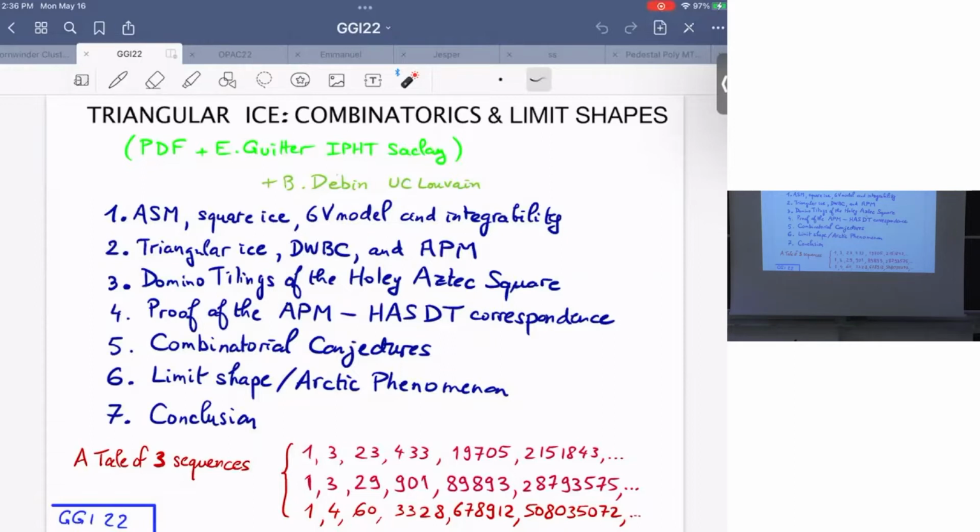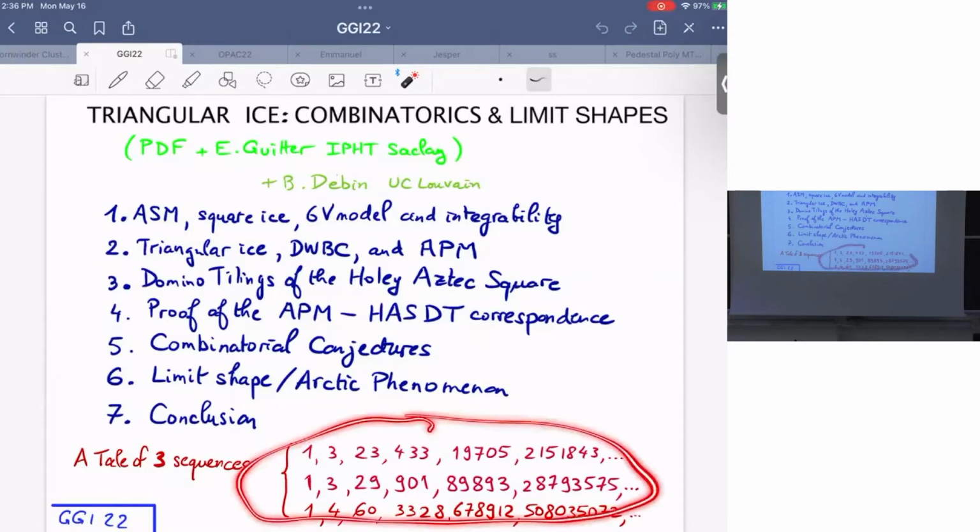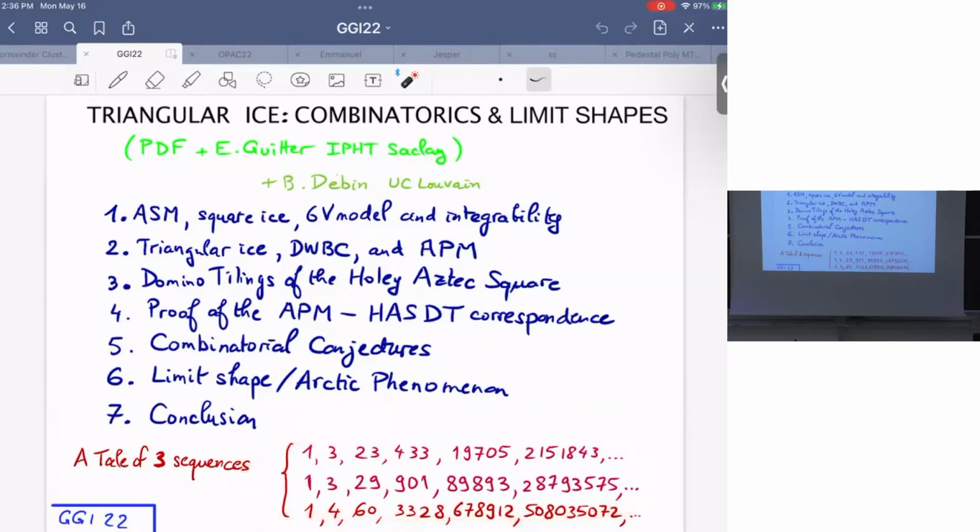Okay, so I'll describe those combinatorial conjectures. And finally, I'll give you some more recent things I've been doing with other people on limit shape and the Arctic phenomenon for these new models. Okay, so combinatorially, it really boils down to these three sequences, which I've written down there. Okay, so you might even recognize some of them.